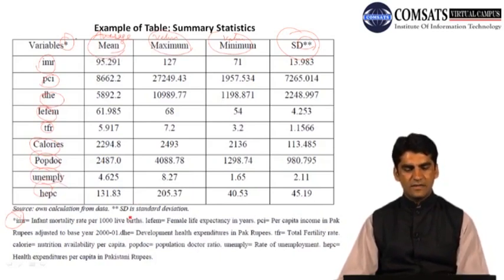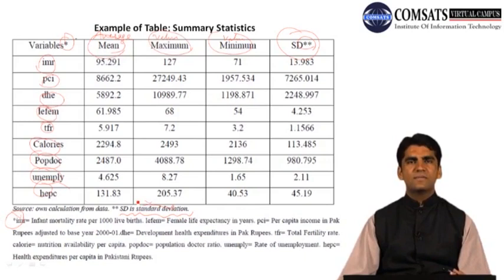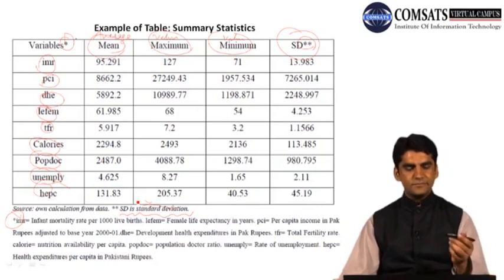And with 2 stars we tell what SD is, standard deviation. It is a common statistical term used in basic statistics, so there is no need to explain it. Most of you might know. If you don't know, just see any basic statistics book or your statistics course, and you'll get to know what standard deviation is.